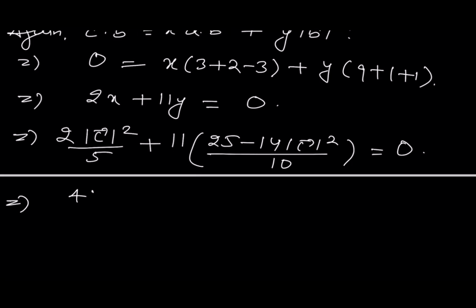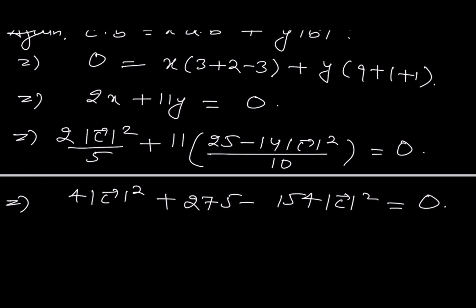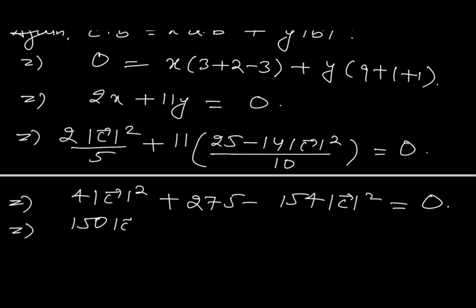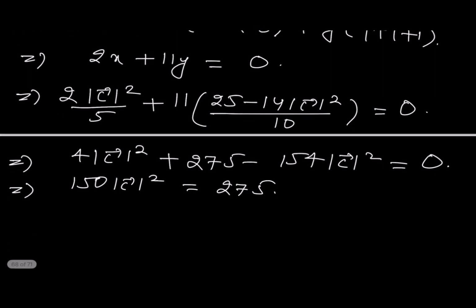This will be 4 times mod of C square plus 275 minus 14 into 11 times mod C square. 14 times 11 is 154, so 150 mod C square is equal to 275.